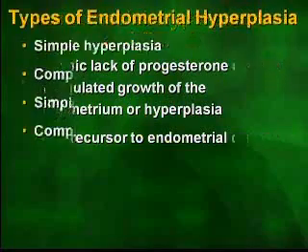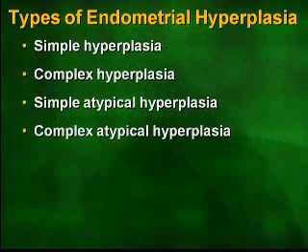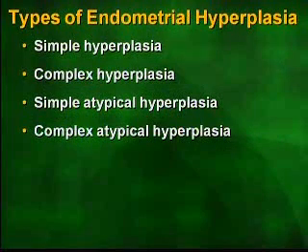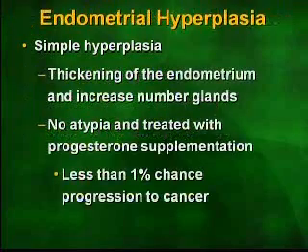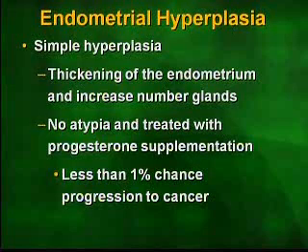There are several different types of endometrial hyperplasia, and I'm not going to go through all of those. I do want to talk about the last one for just a moment, and that's the endometrial hyperplasia with atypia. The endometrial cells with complex hyperplasia with atypia will generally have a bizarre appearance, and this is what, over a period of time, can progress to endometrial cancer.